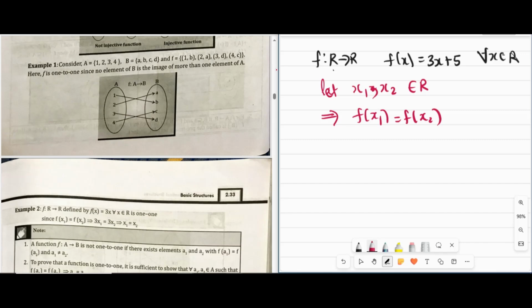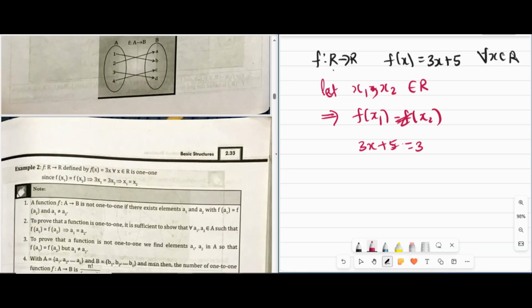So now they've given the function is 3x plus 5. So 3x1 plus 5 equals 3x2 plus 5.